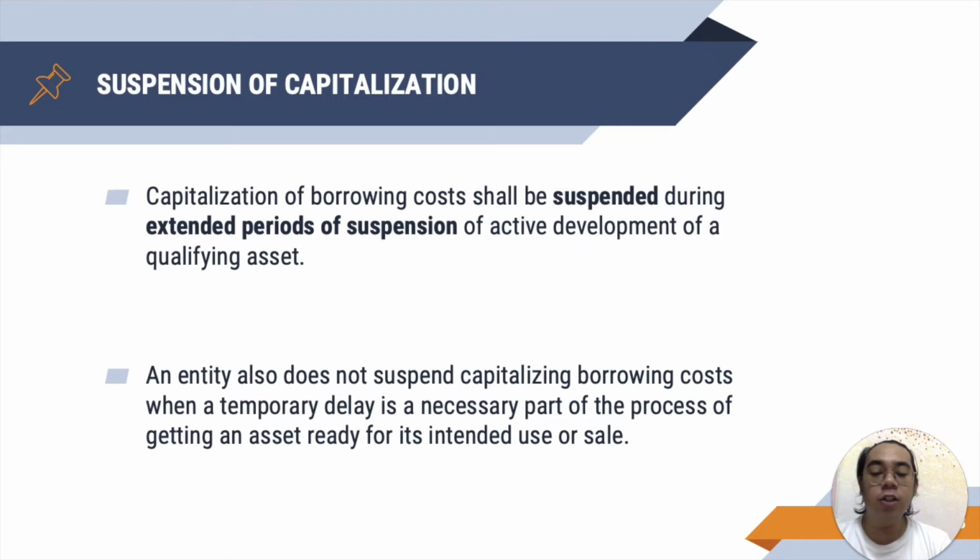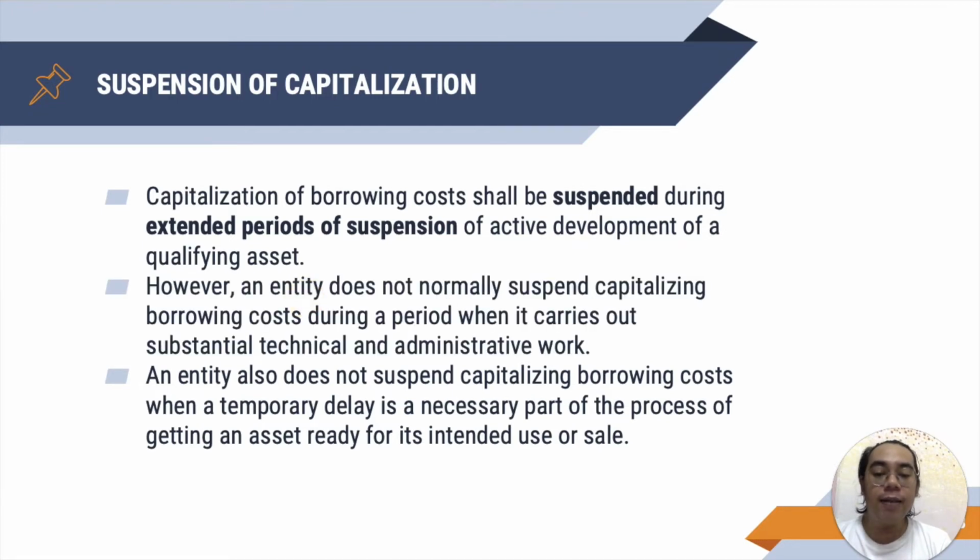An entity also does not suspend capitalizing borrowing cost when a temporary delay is a necessary part of the process of getting an asset ready for its intended use or sale. An entity does not normally suspend capitalizing borrowing costs during a period when it carries out substantial technical and admin work. So if it's only technical and admin work, you do not suspend. You also do not suspend if the temporary delays are necessary.